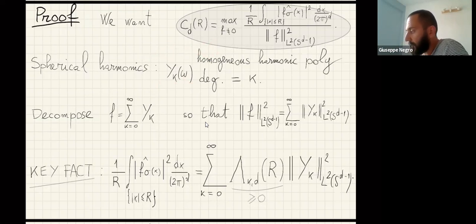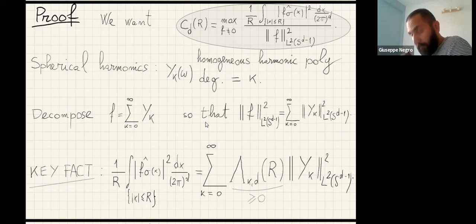And the advantage of doing so for us is that if you decompose the arbitrary function here into a sum of spherical harmonics of different degree, then the orthogonal also decomposes. This is a basic orthogonality property of the spherical harmonics.